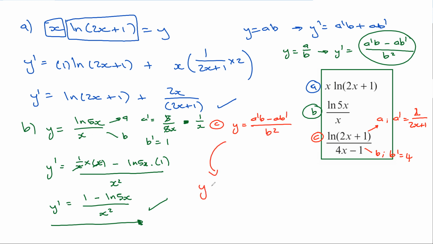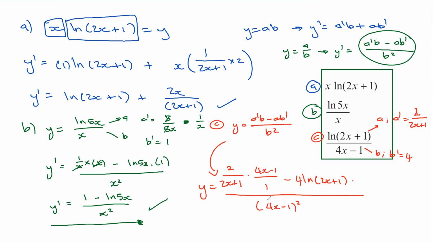So that's going to be 2 over 2x plus 1 times b, which is 4x minus 1, minus a, which is given as ln 2x plus 1, times the derivative of b, which is 4. So let's put the 4 in front there. And all of this is divided by the denominator squared, so 4x minus 1 squared.